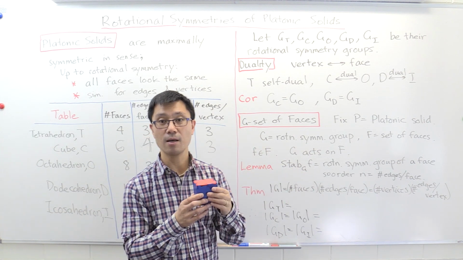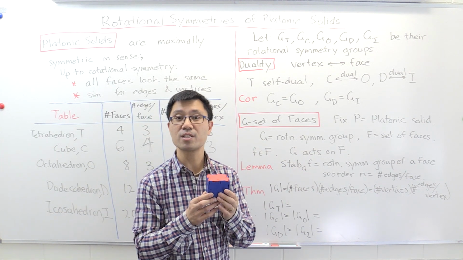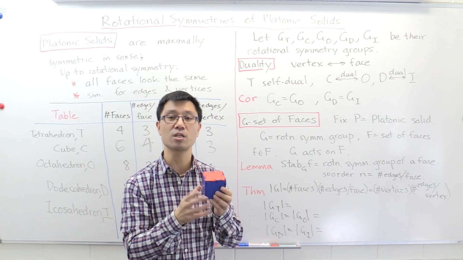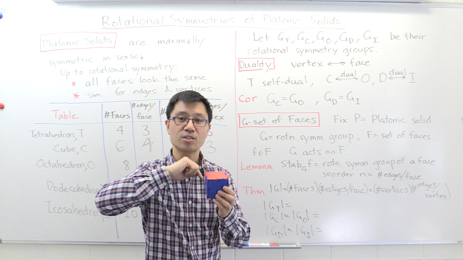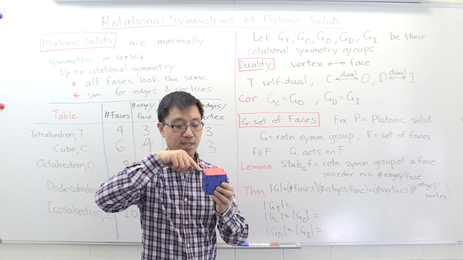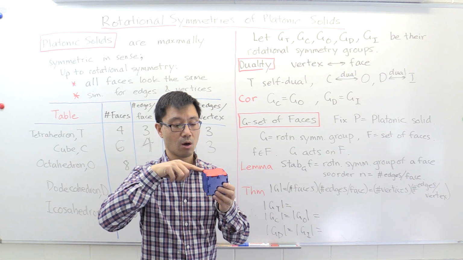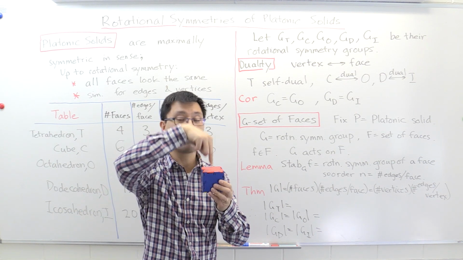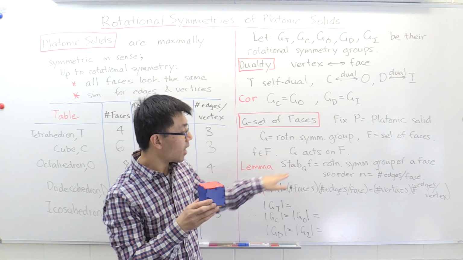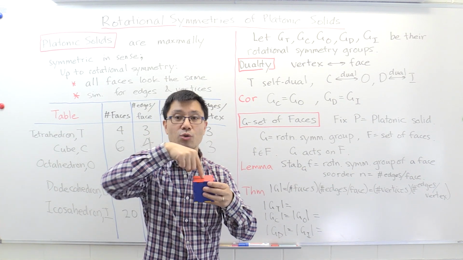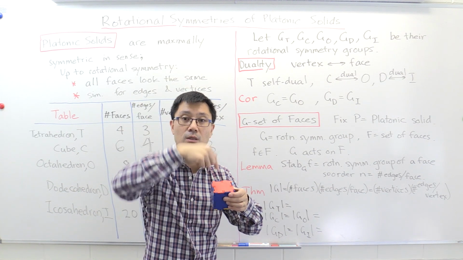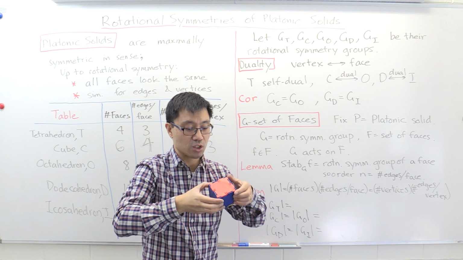And what other elements of the stabilizer do you have? Well, remember, what are the rotational symmetries of a Platonic solid? The axis has to go through either a vertex, or the middle of an edge, or the middle of a face. And of course, if you want to stabilize this face, the only way you can do it is if you have an axis which goes through the middle of that face, and then all you can do is spin it round.